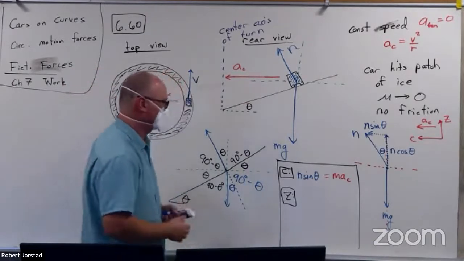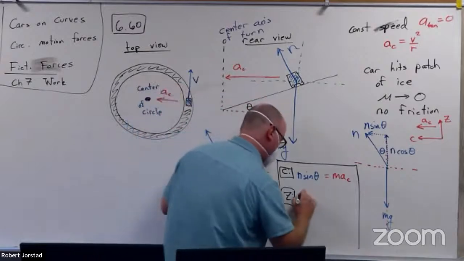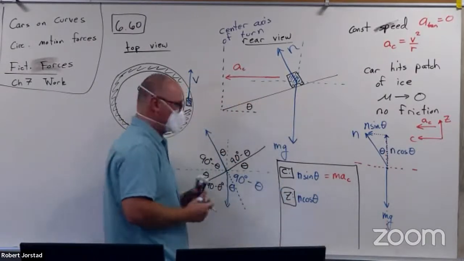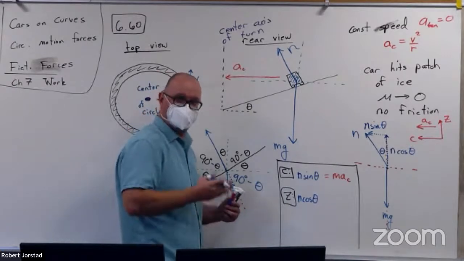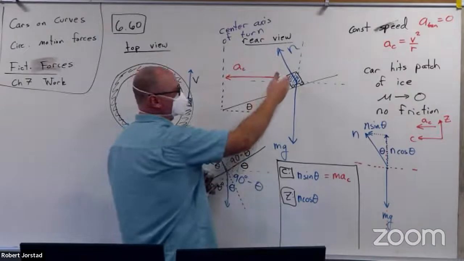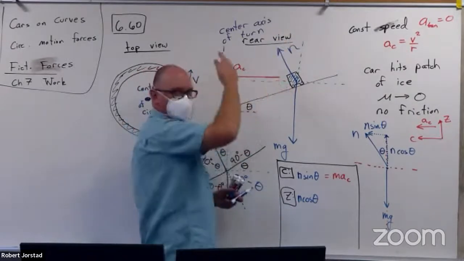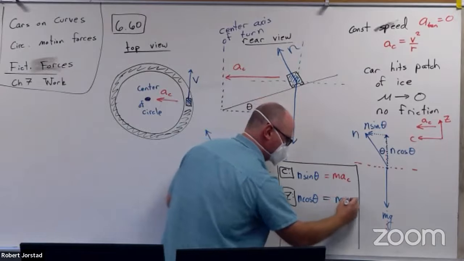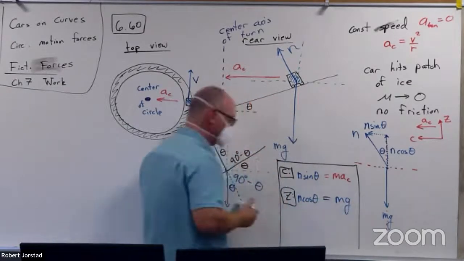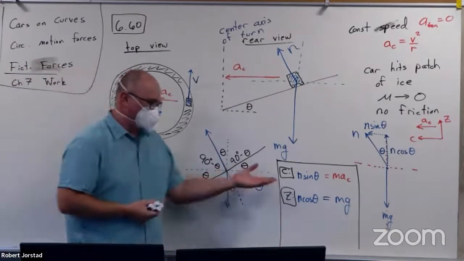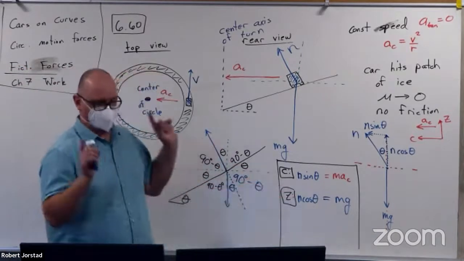N cos, yes, exactly, minus mg, and what's it going to equal? 0, right? Because this car is not accelerating off the plane here. Nice. Do you agree I could flip that around like this and make that mg though? Outstanding. Nice job.